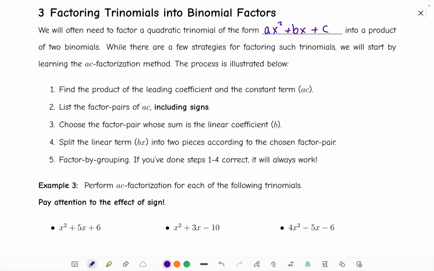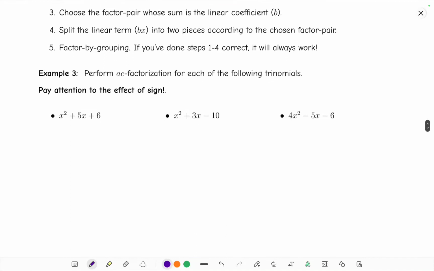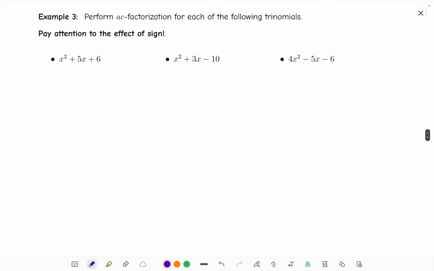Example 3. Perform AC factorization for each of the following trinomials. Pay attention to the effect of the sign. So the first step is a times c. So a times c is 1 times 6. Then you need all your factor pairs.